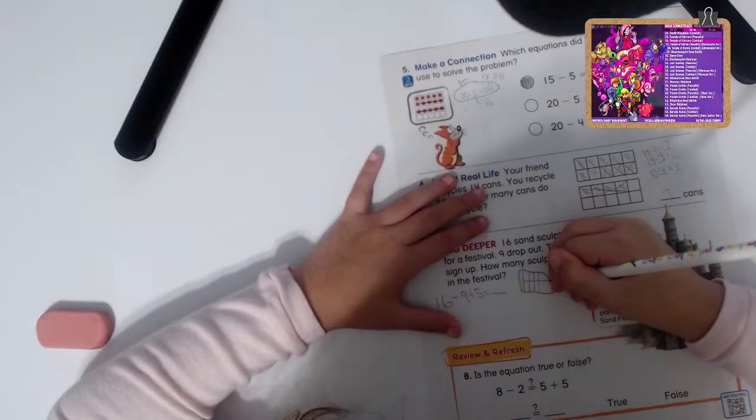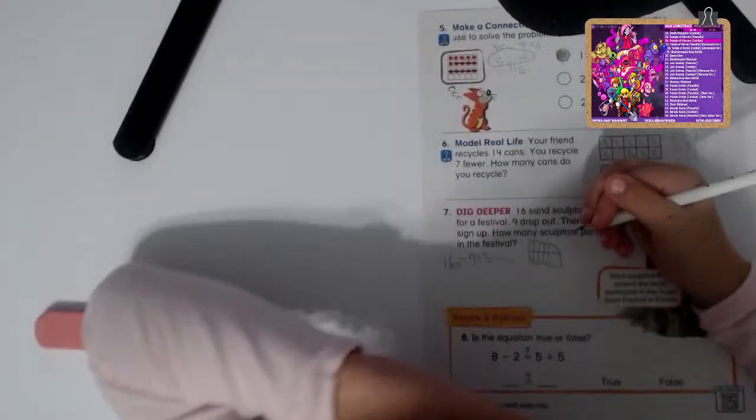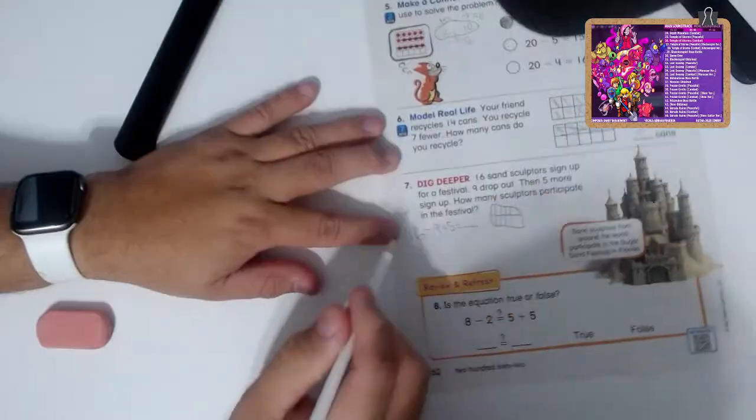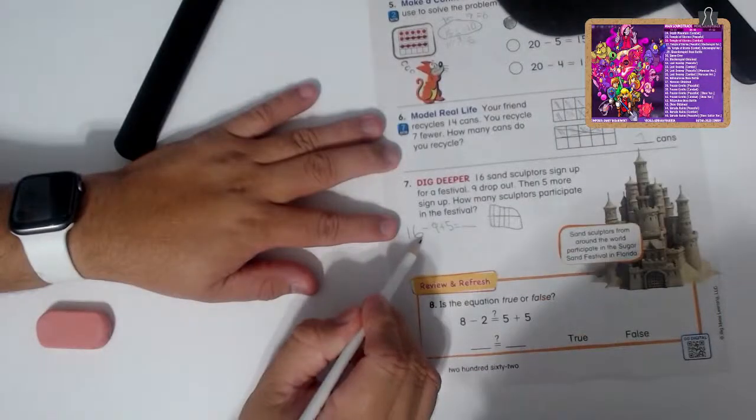So you have 16 in your head. What's the first equation? What's the first thing that you do?